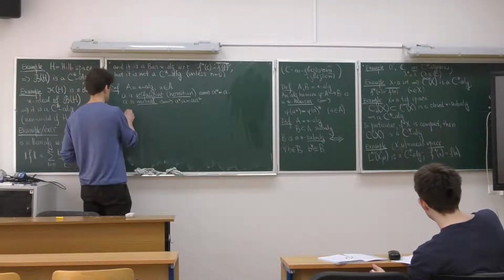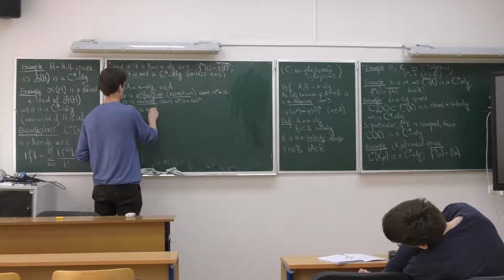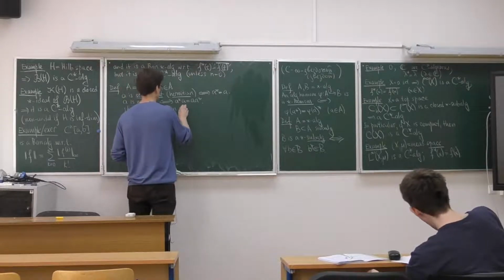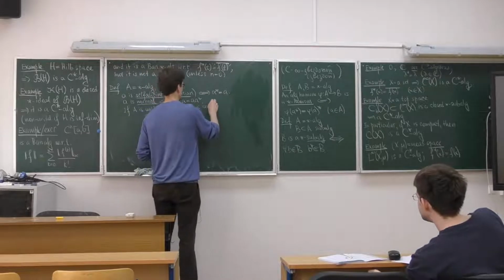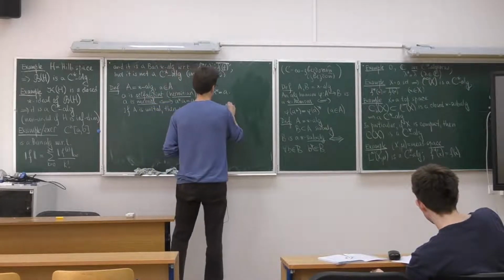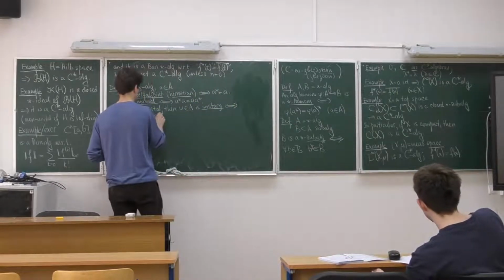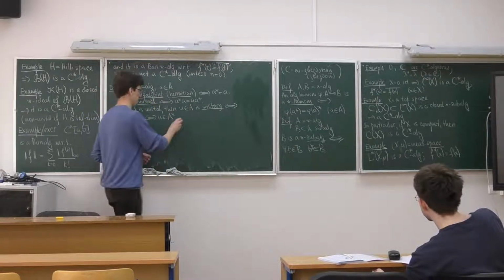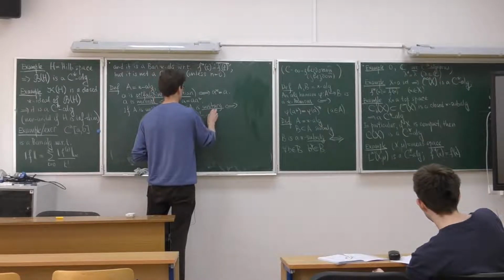If our algebra A is unital, then we say that an element little u in A is unitary if u is invertible, and the inverse of u equals u star.